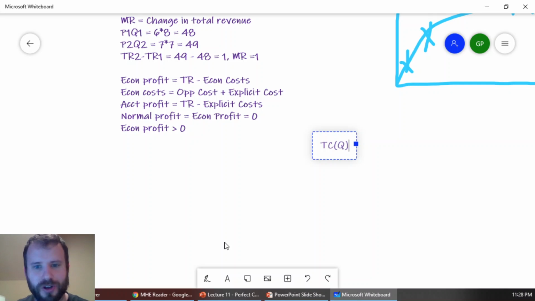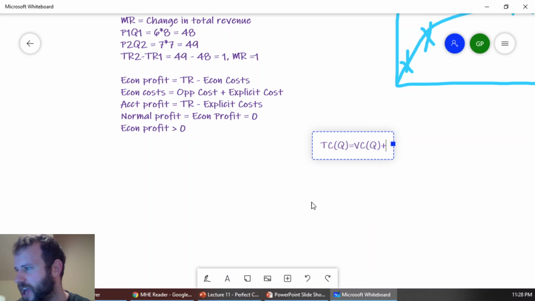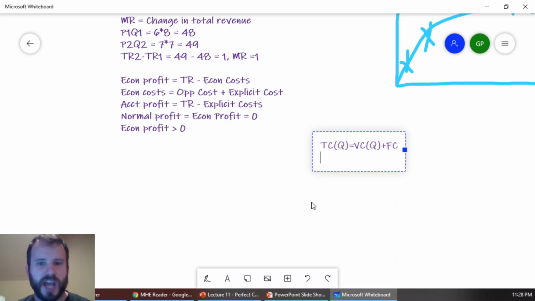So total cost is going to be some function, and then we can break that down into variable cost and fixed cost. Okay. And your fixed cost is essentially a longer run cost, and basically it's the things that you put in before you even sell anything.